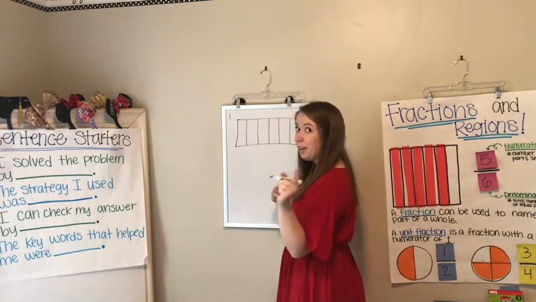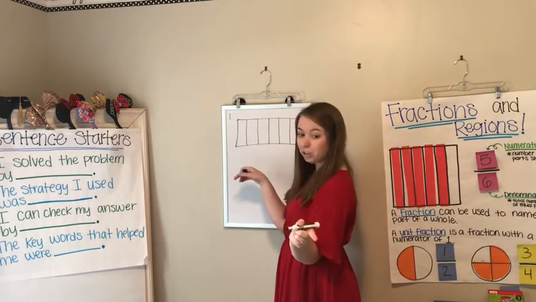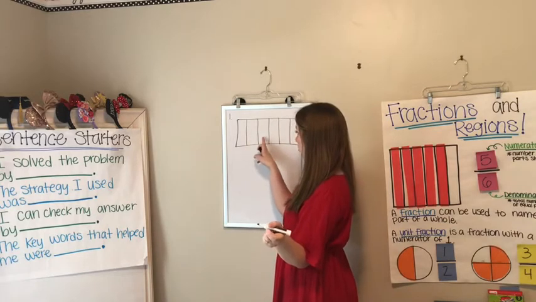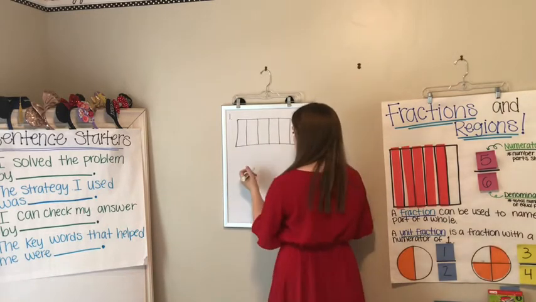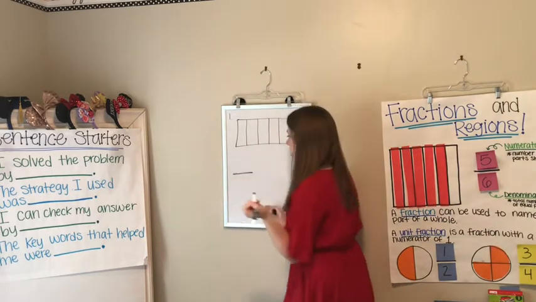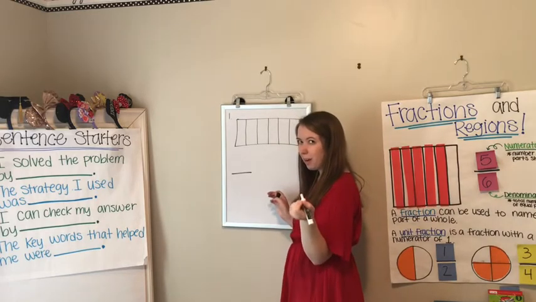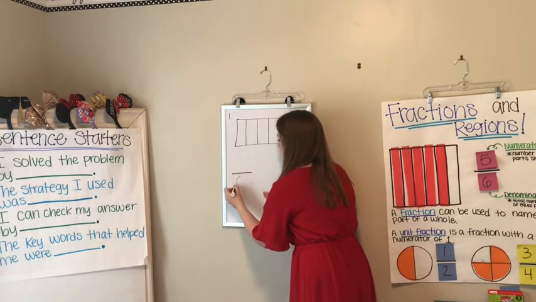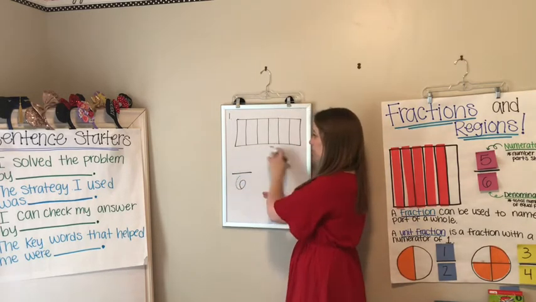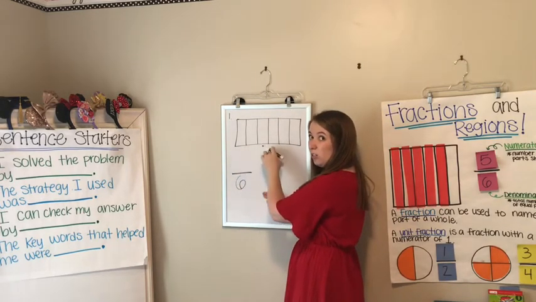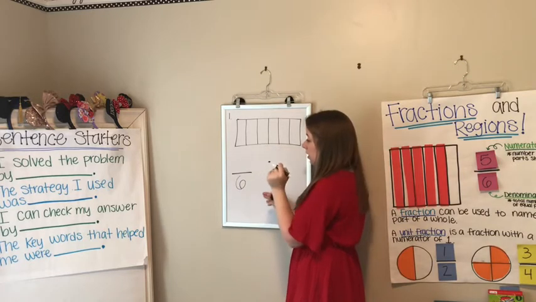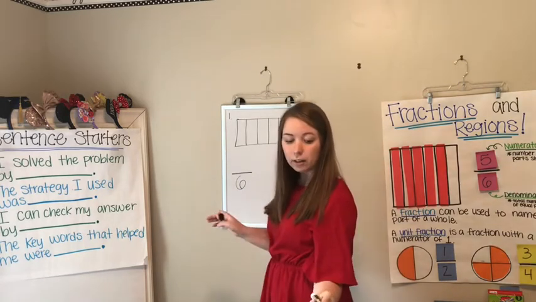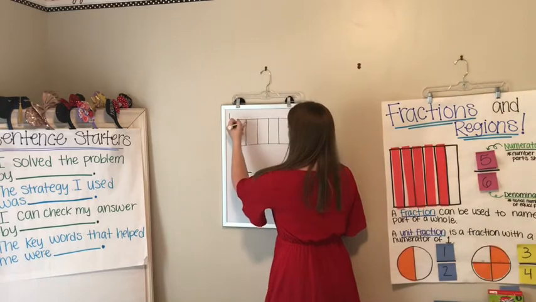So now that we know, because we counted in our book, there are 1, 2, 3, 4, 5, 6 equal parts. Do we know the denominator already? Yeah, we do. So our denominator is going to be 6, because the total parts of this rectangle are divided into 6. And now it is shaded in the first box.